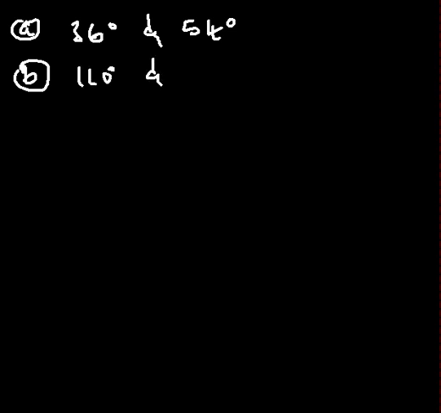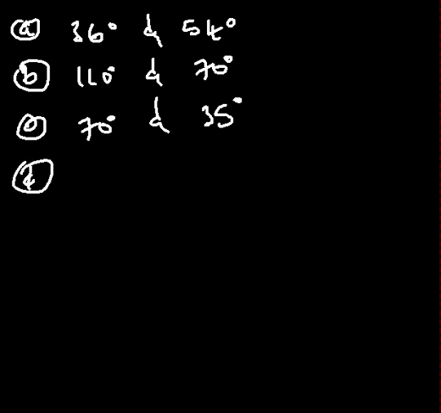And we have 70 degrees and 35 degrees. And we have 150 degrees and 30 degrees. We should choose which pair represents the supplementary angles and which represents the complementary angles.